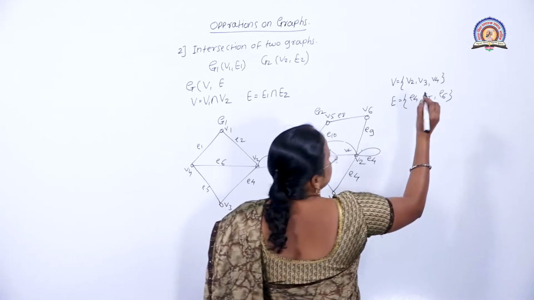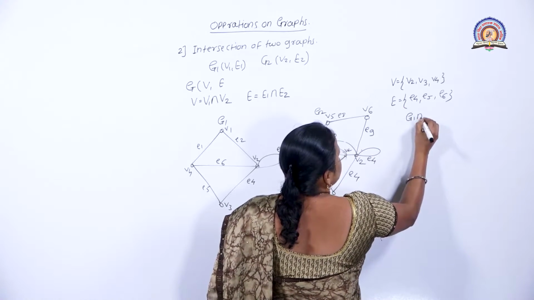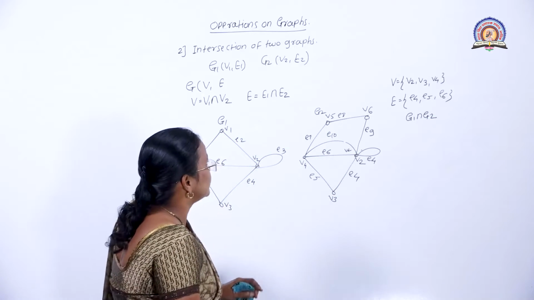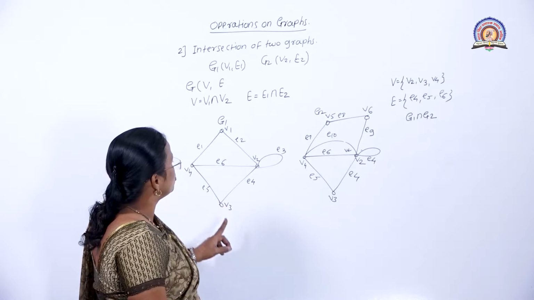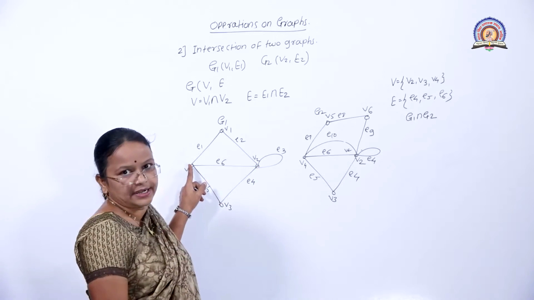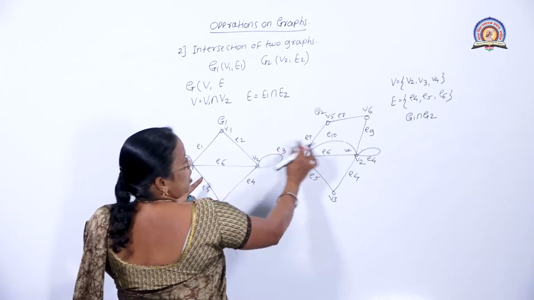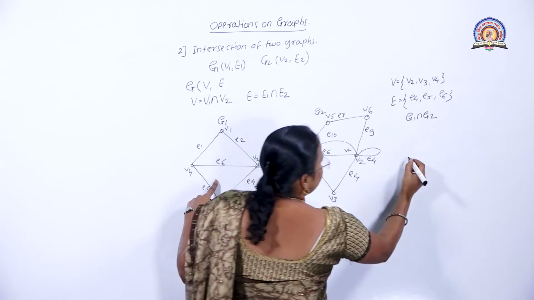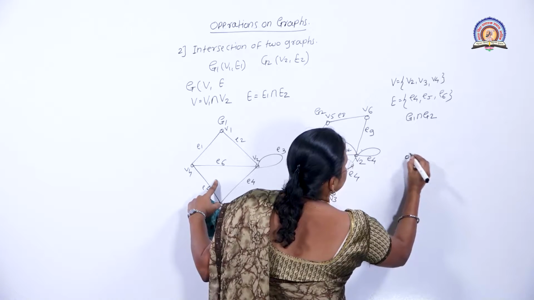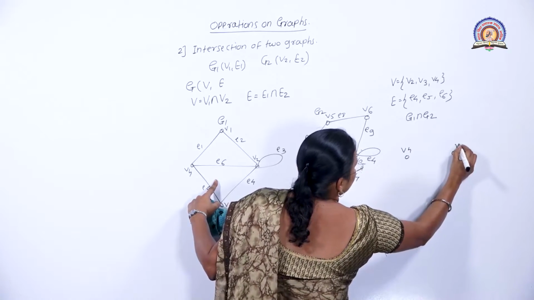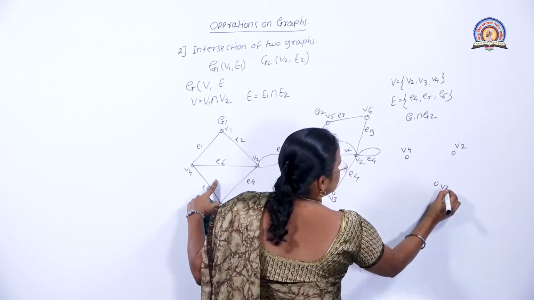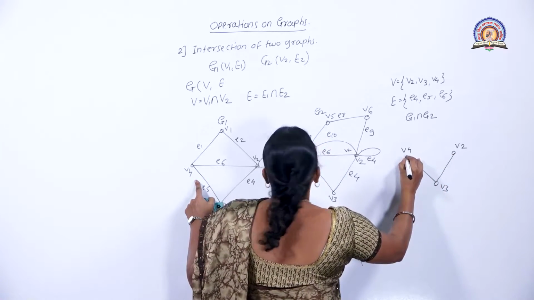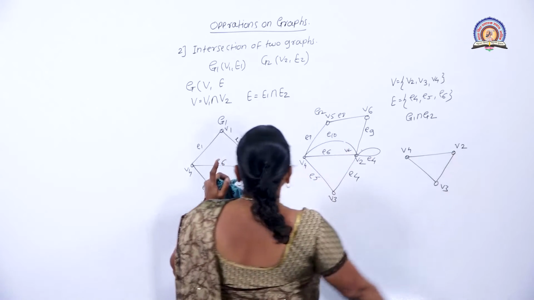Now we draw the graph G1 intersection G2. We want only V2, V3 and V4, the common part from both the graphs. So this triangle, V4, V2, V3, has E4, E5 and E6.